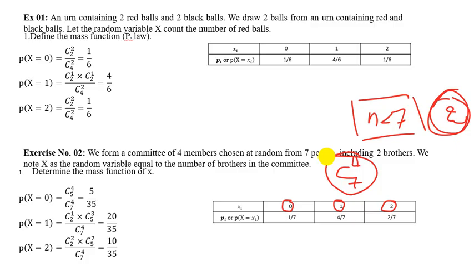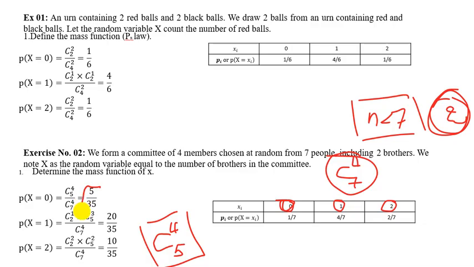Now let's see the first case, where X equals 0, meaning none of these 2 brothers are here. That means all 4 members of this committee are chosen among the 5 that are not brothers, excluding the 2 brothers. So all 4 are chosen from the 5.